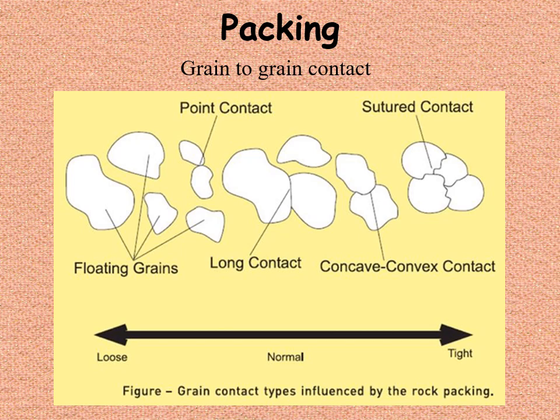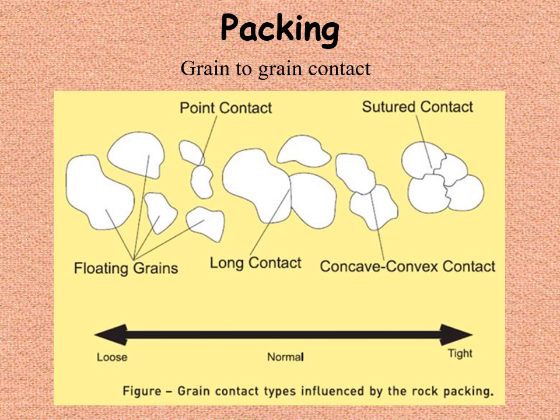But mind it, in this case, the melting points of the two grains are different. The grain into which the other grain is incorporated has a higher melting point, while the melting point of the other grain is lower. And the last one is called sutured contact, where the melting points of the grains are almost the same. Here both the grains are melted and they form such a zigzag contact between the two grains.